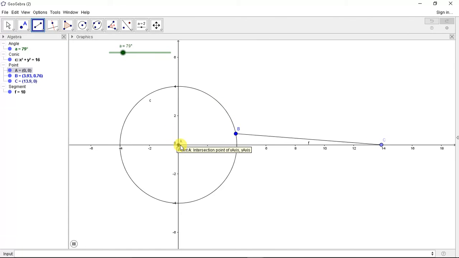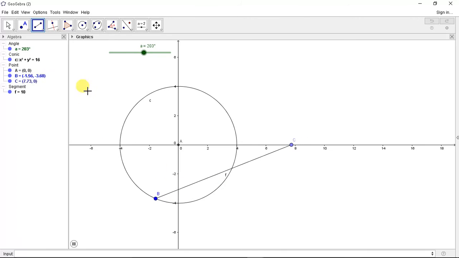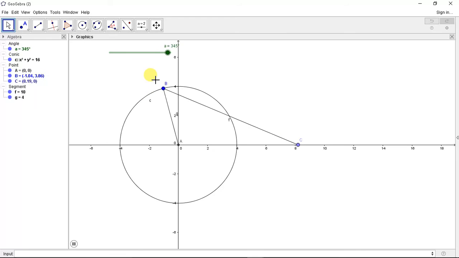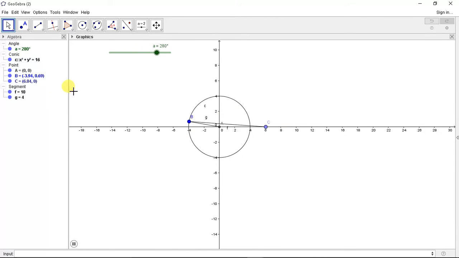Let's connect this animation. Let's connect A and B. So here we get a slider crank mechanism, and similarly if we tweak the values we get all the other points.